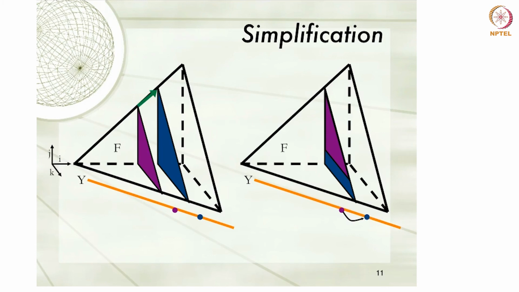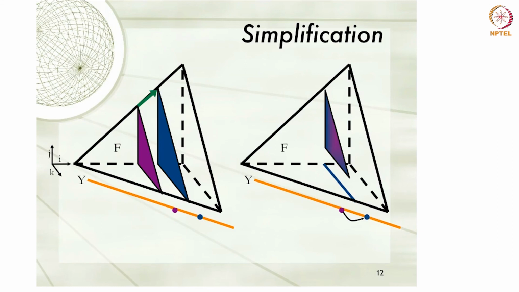Okay, so I don't need to accumulate everything in the blue triangle. I only need to take the previous purple result and accumulate all the points on that blue line at the bottom. That's all I need to do.